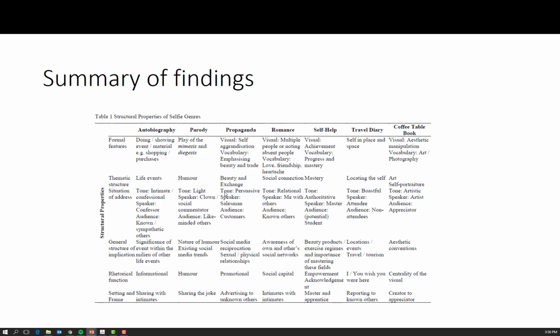You don't know exactly what you're looking for in the data. It's a matter of basically analyzing it, building categories, looking at what those categories tell you about what's going on and their relationship to each other, and then building theories. In this case, we built a theory around genres of selfies in people's narrative storytelling about themselves online.